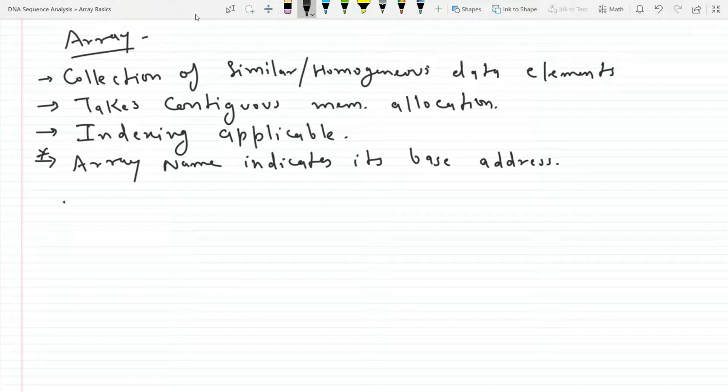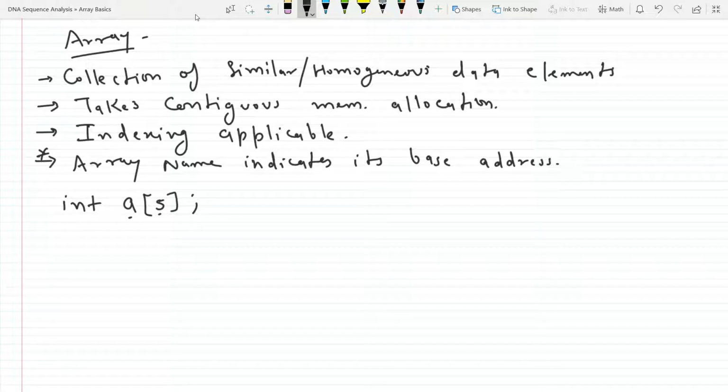So in general, array is declared like this. For example, integer a of 5. The compiler will understand this is a declaration statement, and the square bracket after the variable name indicates that this a is an array and this is the number of elements.